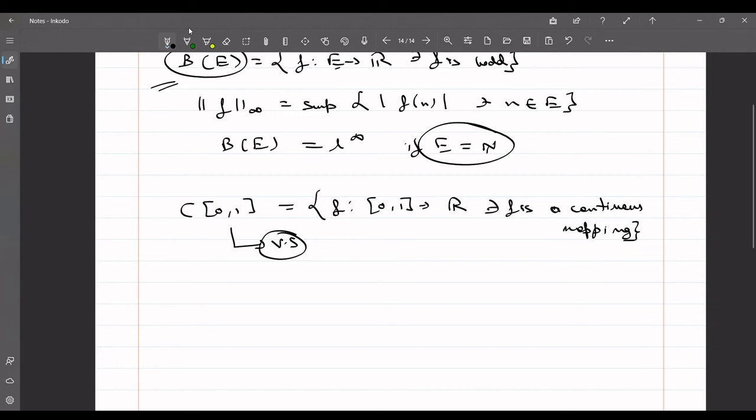Now the norm of f, the first norm rather, is defined as the integration from 0 to 1 of the modulus of f(x) dx. Got it? Clear?